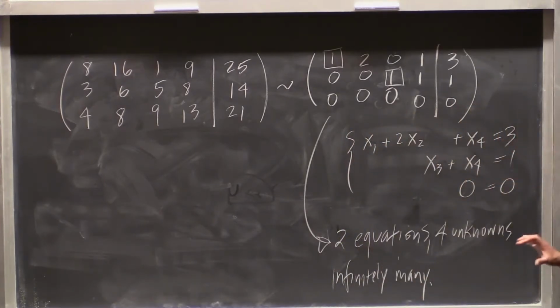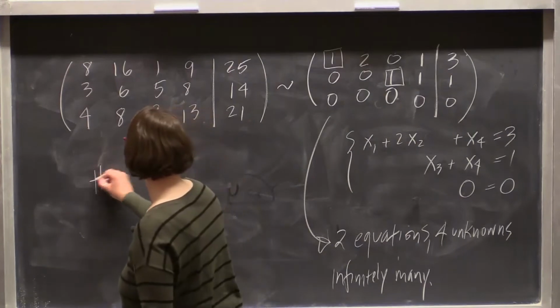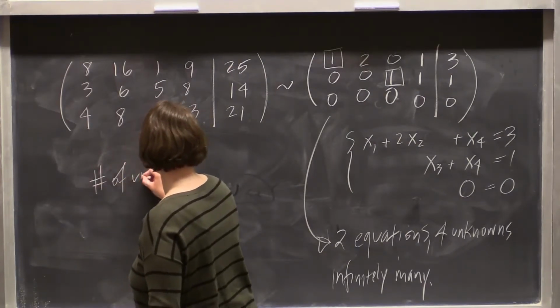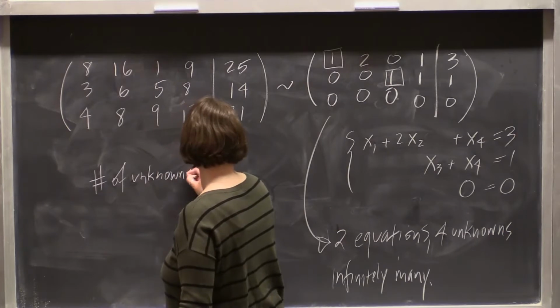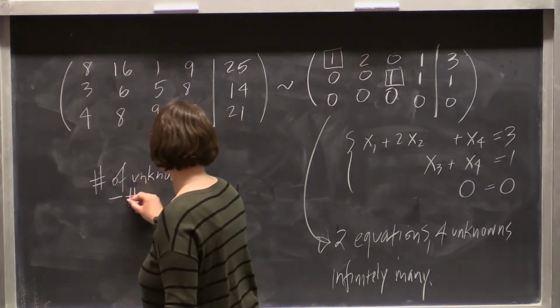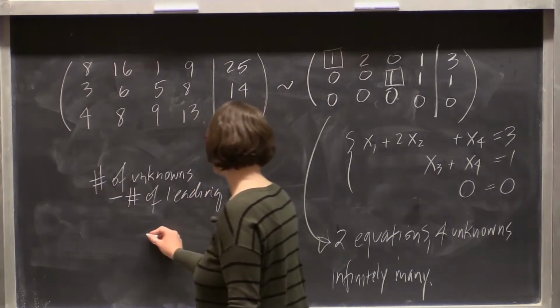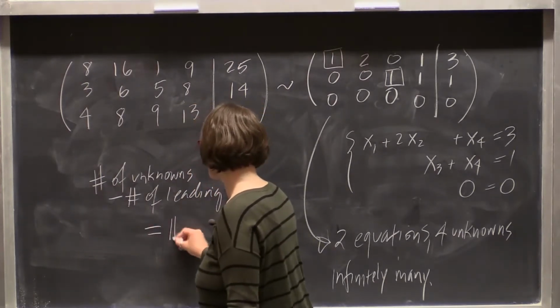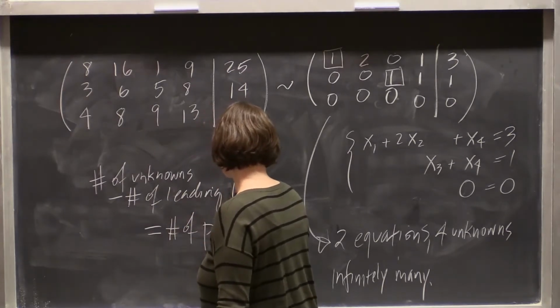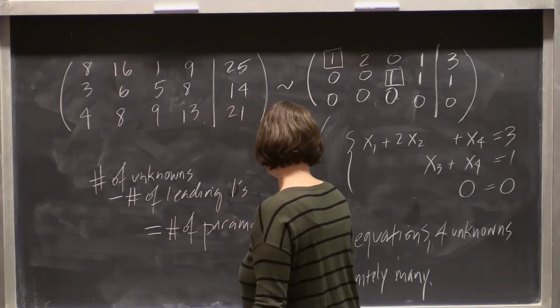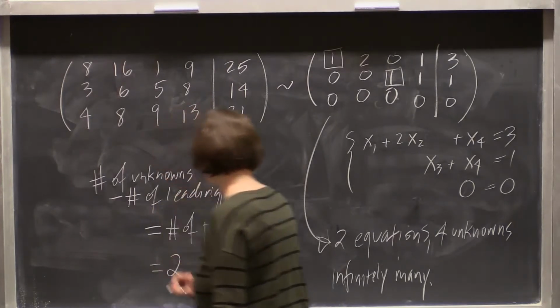Now, how many parameters are there going to be? If I have 2 constraints and 4 unknowns, how many unknowns should be free? 2 free parameters. So number of unknowns minus number of leading ones equals the number of parameters, equals 2.